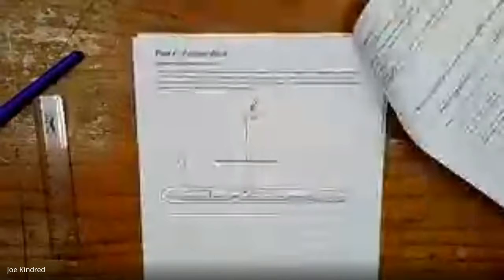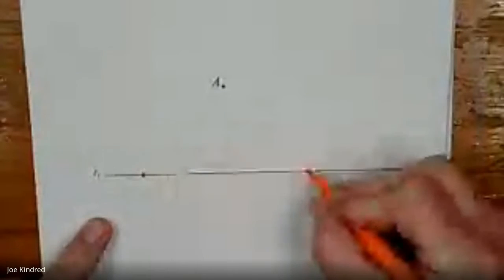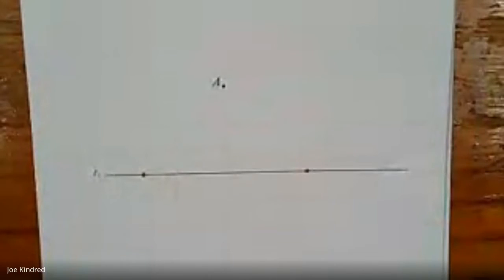And in fact, we're going to do the same exact thing that you just saw me do a minute ago. Take our compass. We're going to draw a circle, or at least we're going to intersect this line at 2 spots. Now, this might be hard to see in the video, but you can see my faint lines intersect there and there. And just like in the previous example, I'm going to take my compass and go more than halfway.